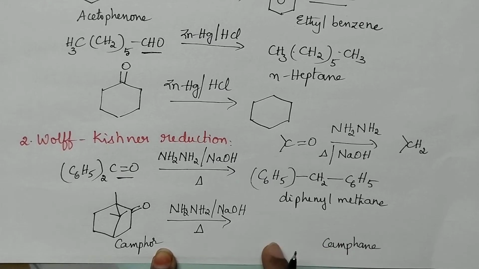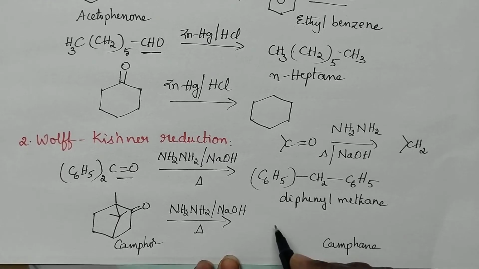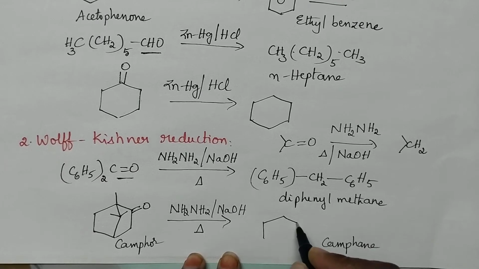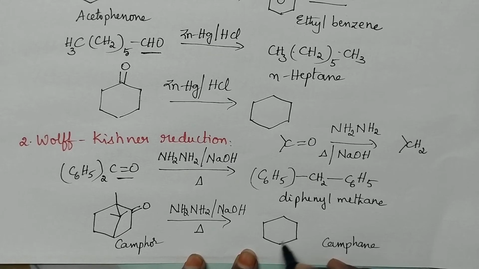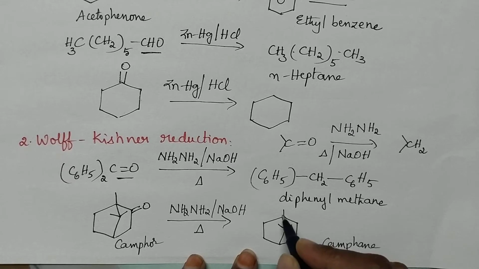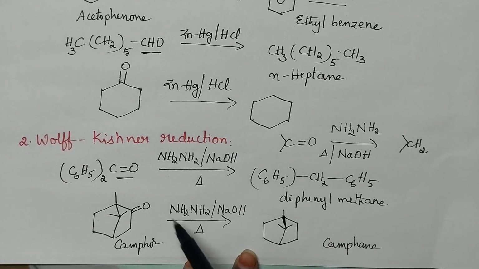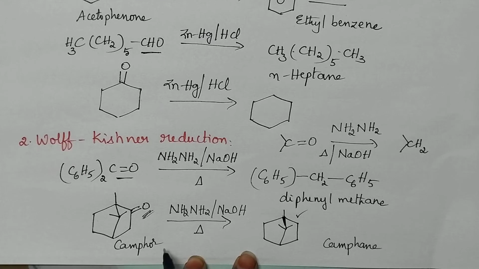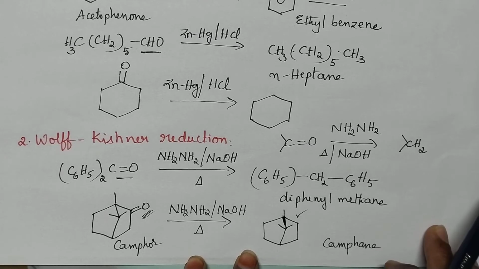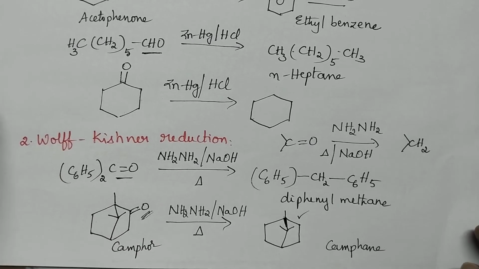High temperatures are supposed to be maintained. Clear? Here the carbonyl group is converted into methylene group. So it is possible to convert camphor into camphane by treating with hydrazine in the presence of a base. Is it clear about the Wolff-Kishner reduction, students?